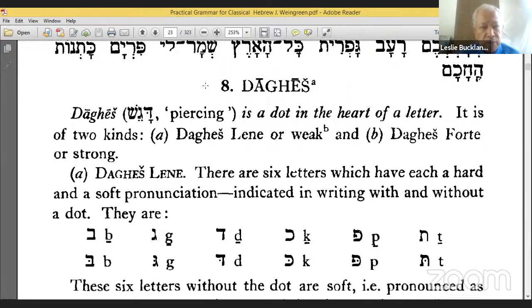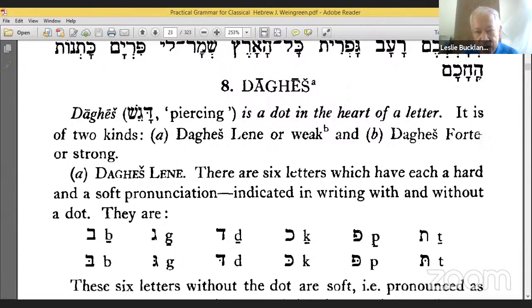Now, this is the lesson that we are looking at, entitled Dagesh, specifically Dagesh Lenny. Dagesh, as you can see here, means piercing, and it is a dot in the heart of a letter. And there are two kinds of Dagesh: Dagesh Lenny, or weak, and Dagesh Forte, or strong.